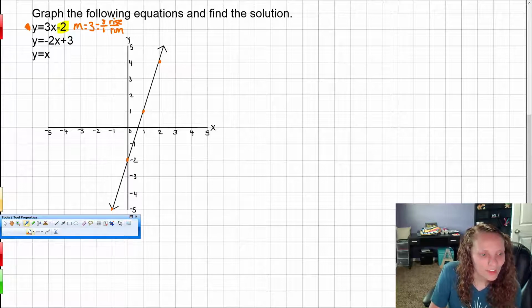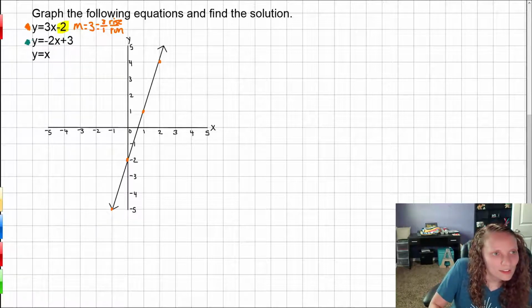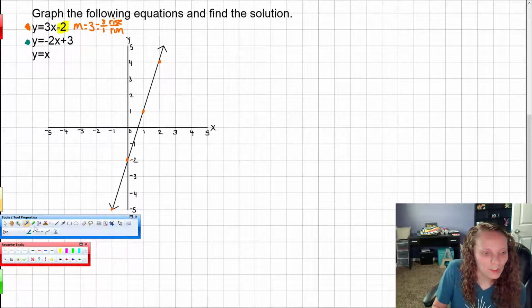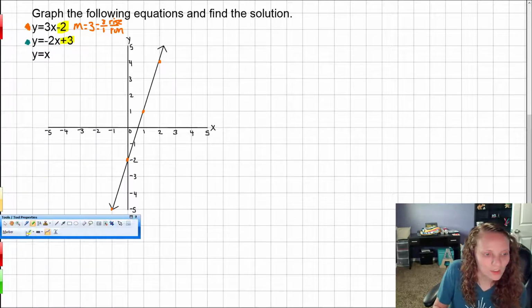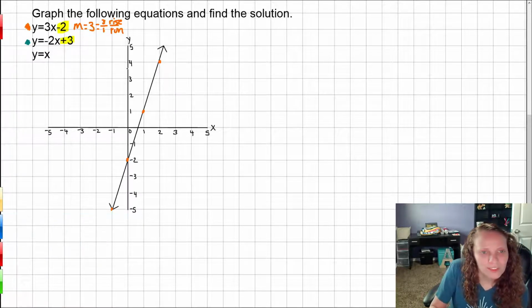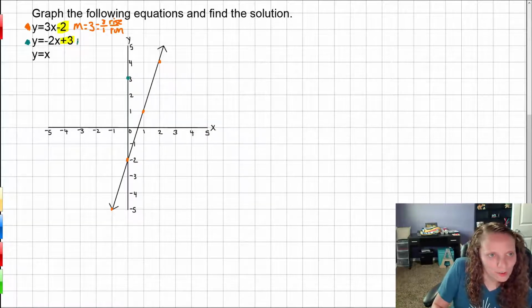Okay, we're going to graph the next one. So I'm going to choose a different color for that one. And we're going to start with the y-intercept, and our y-intercept here is +3. So we're going to start at +3 on the y-axis. And our slope is -2.